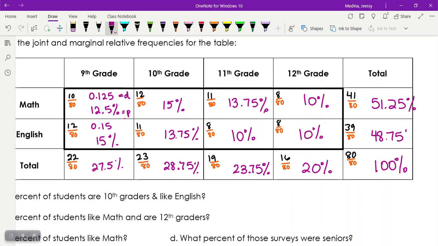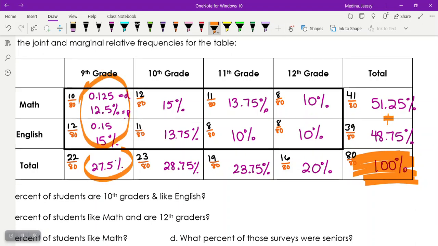Okay. All right. So this is the trick in your relative frequency tables: it is going to be 100% over here. These two are going to add up to 100. These four down here, the totals, are going to add up to 100. If I add these two, I'm going to get 27.5.